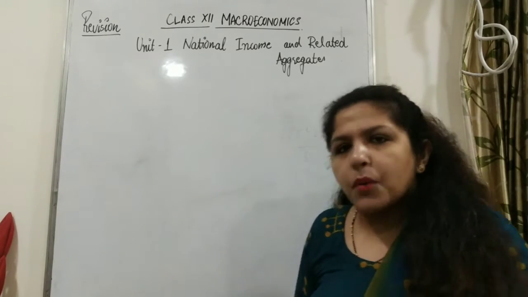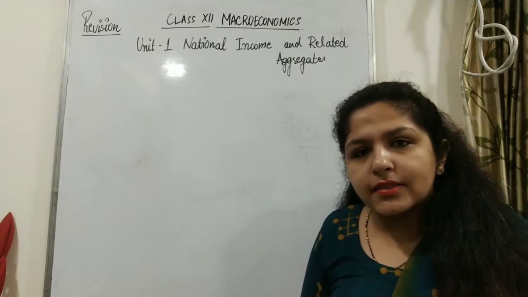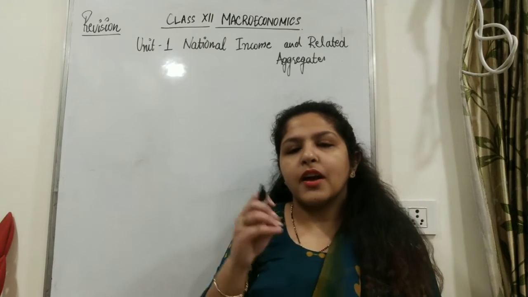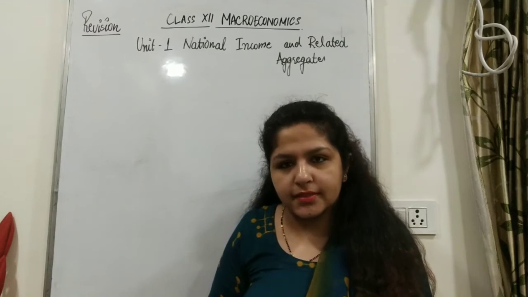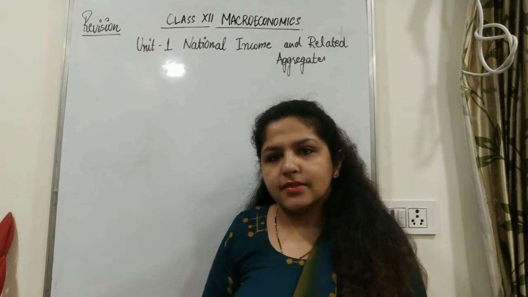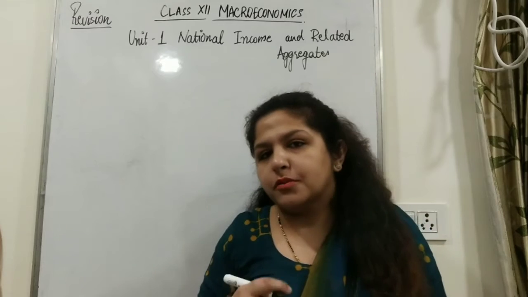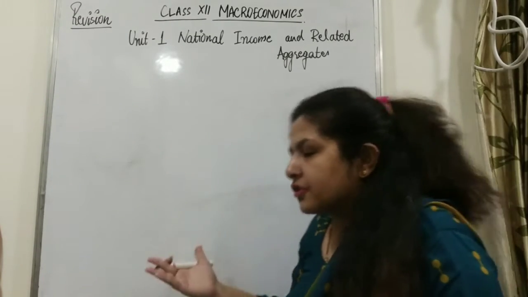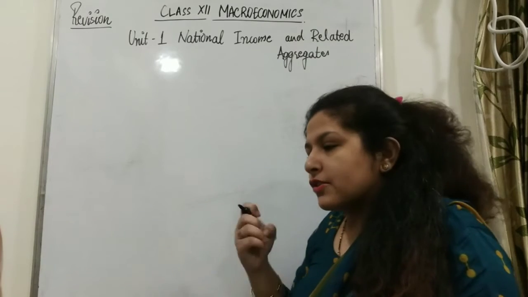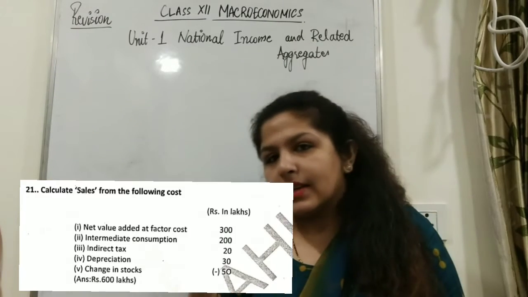So let's start with question number 1, that is production method, calculate sales. One question for practice. Let's start. As shown in the formula of production method, we need to calculate GVAMP. But see this question, question number 1. This question is saying that we need to calculate sales.